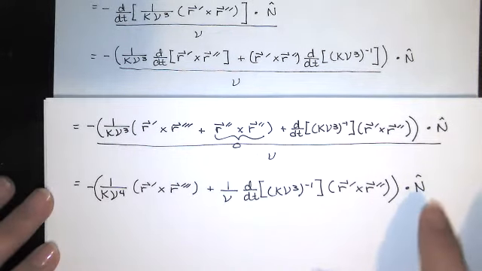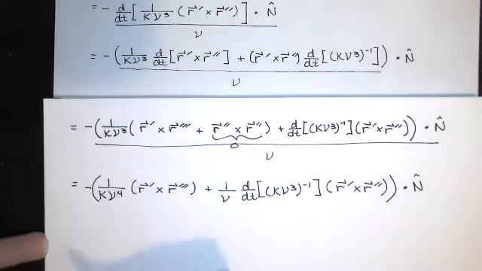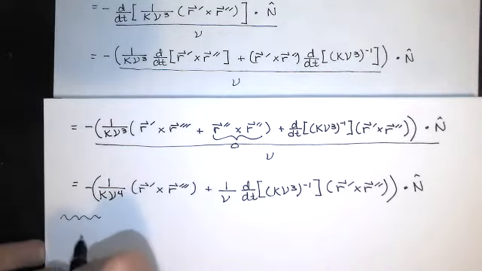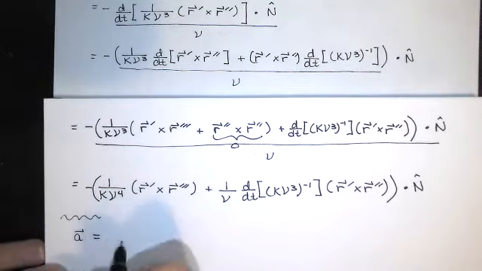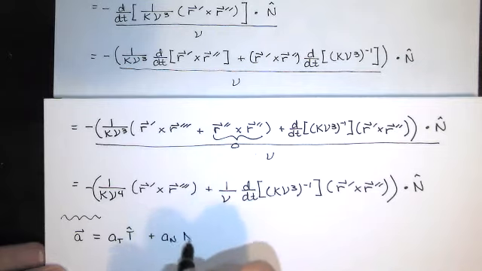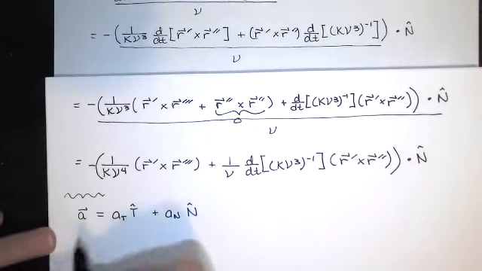So let's figure out what that is. We can do that just by doing this little aside. Recall that the acceleration vector is a sub t times t hat plus a sub n times n hat. Well, I can take that and I can rearrange it.